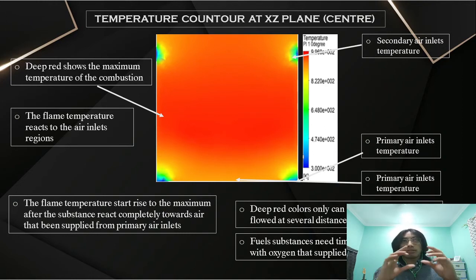From these contours, I have concluded that fluid substances need time to react completely with oxygen supplied from the air inlets. So basically, the flame will react vigorously to the air inlets, and it will change its behavior when it flows through the air inlet.